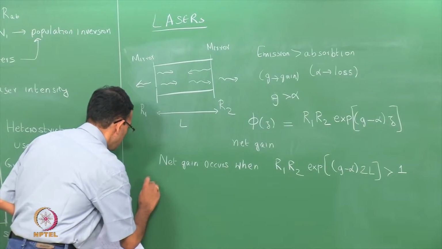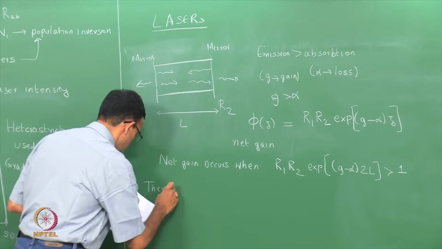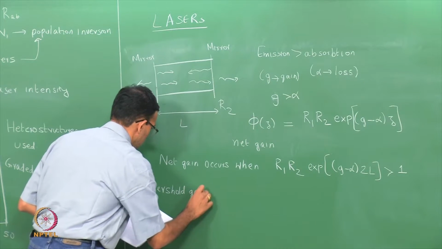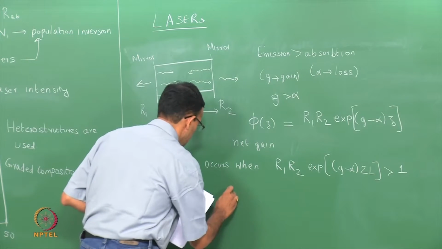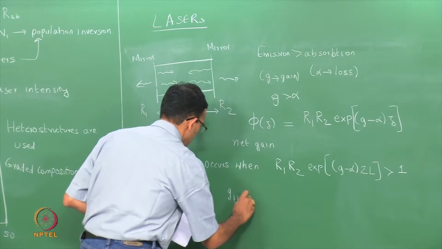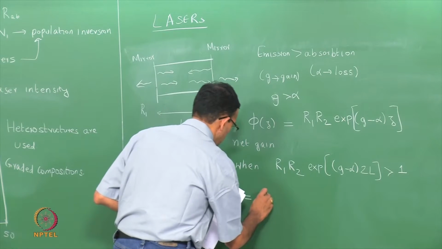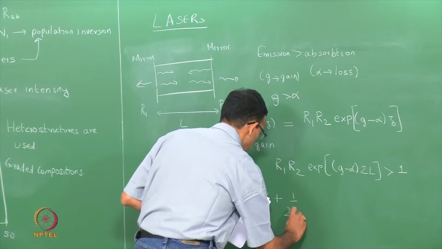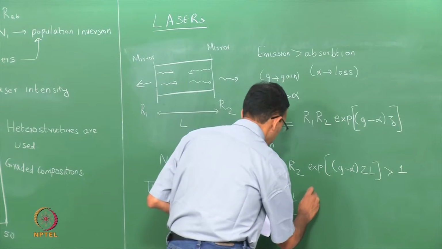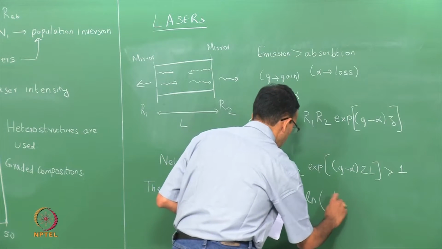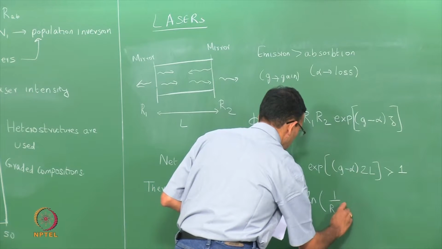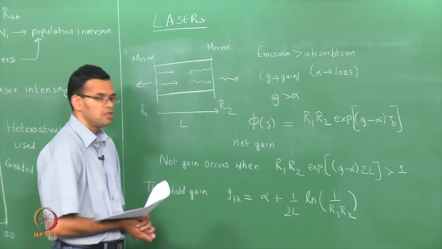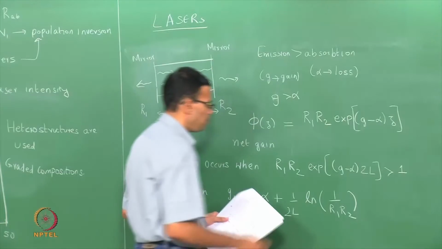So, we define a threshold gain is equal to alpha plus 1 over 2L ln of 1 over R1 and R2. So, this in turn helps you to define the minimum current.